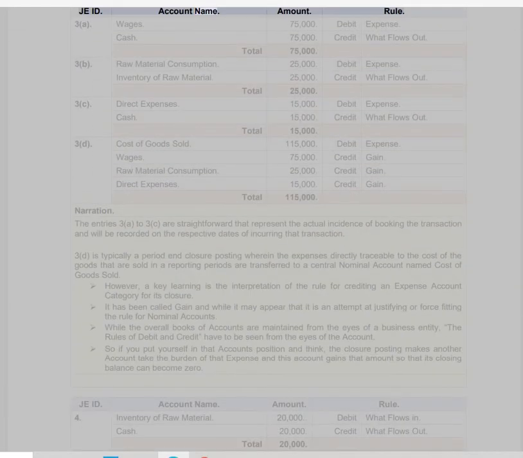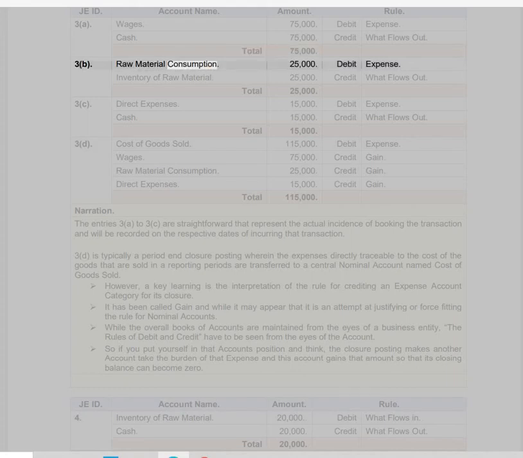JEID, account name, amount, rule. 3A. Wages, 75,000, debit expense. Cash, 75,000, credit what flows out. Total 75,000. 3B.